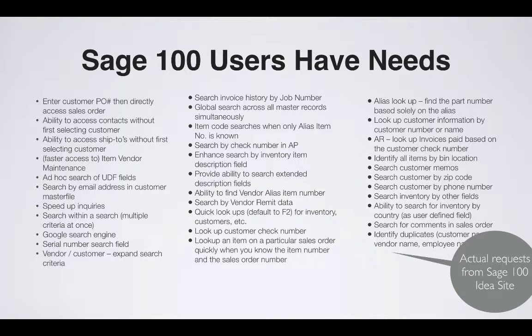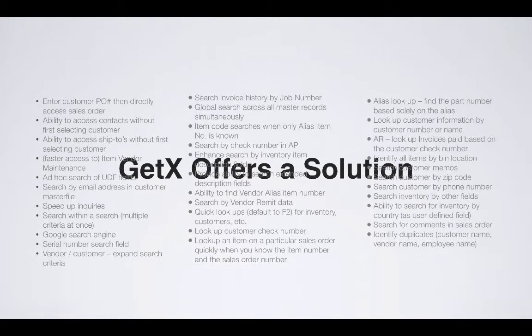If Sage were to take each one of these feature requests on individually, it would be a tremendous amount of programming time. So what we've noticed is that GetX actually solves all of these with one simple enhancement.